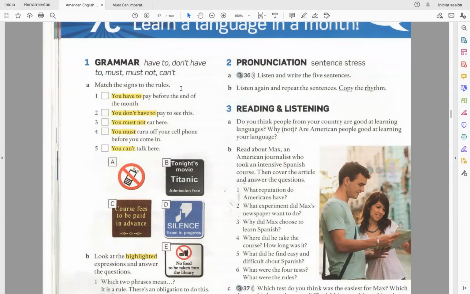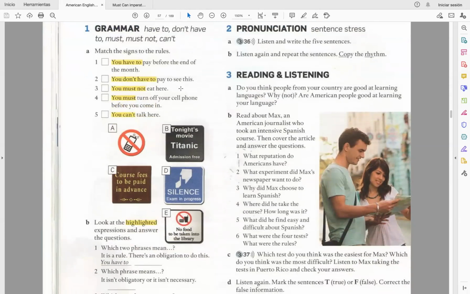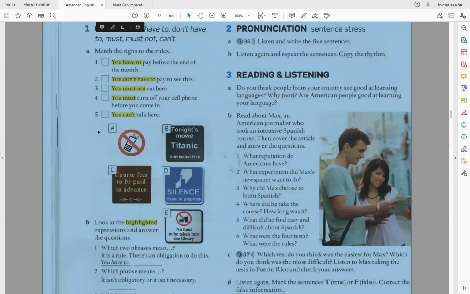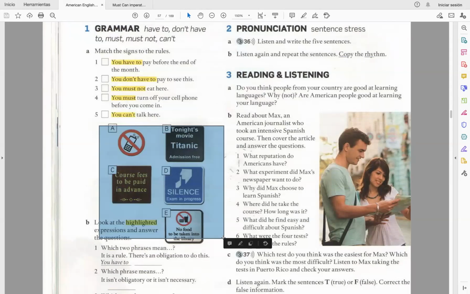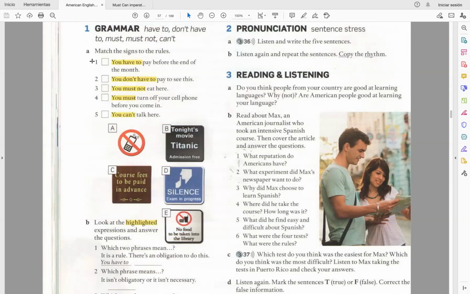And look at the first activity. We also have some signs here. It says match the signs to the rules. So here we have 5 different rules, or let's say instructions. Below we have 5 signs that you need to connect with the sentences here.